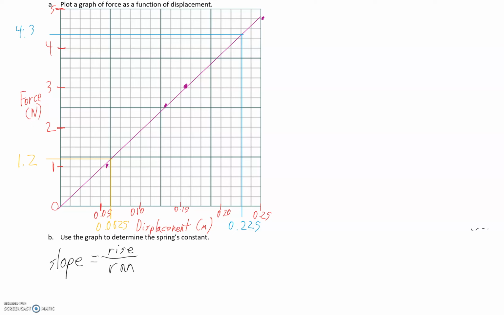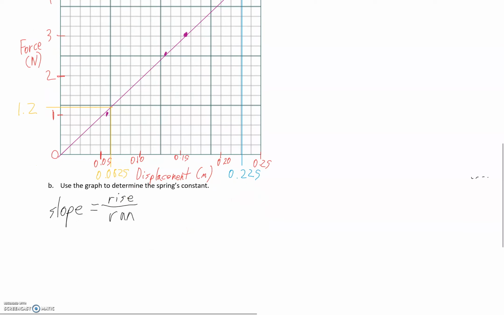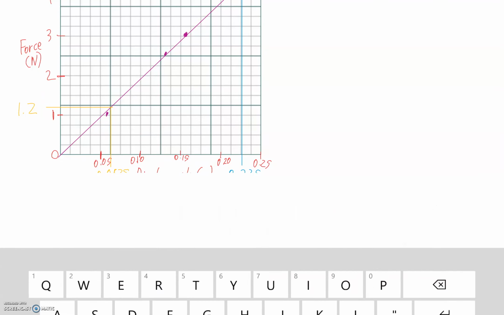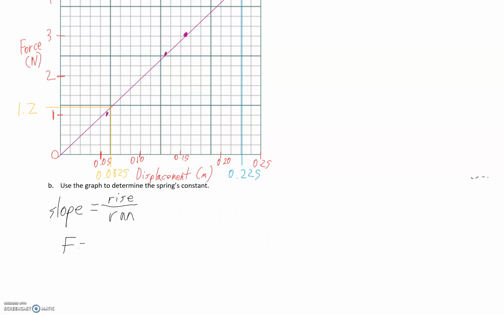And, well, how do we find the spring constant? Force equals kx. Okay, and we can rearrange that so it kind of fits that same position. So k equals F over x. So rise over run, if it's F over x, then it works.